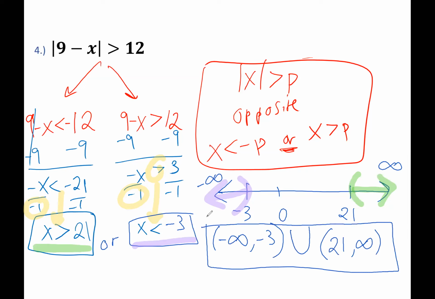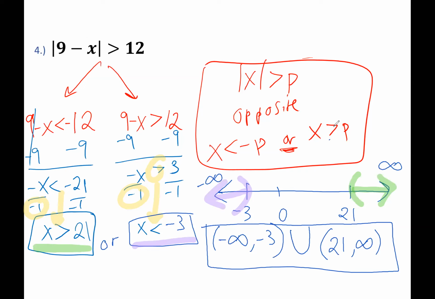Okay, so just to recap, the reason why we set it up like this is it all came back to the direction of our sign. If your distance is greater than 12, you're either less than -12 or actually greater than 12. Once again, just be aware the most common mistake for students when solving these is giving one answer instead of two.